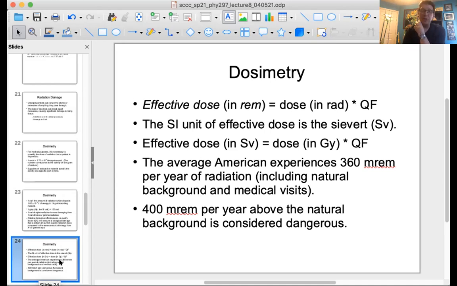But 400 millirems per year above the natural background is considered dangerous. So this 360 includes the natural background. So you don't want to have too many X-rays taken in a given year, for example. But there's a threshold above which the likelihood of suffering negative effects becomes noticeable.